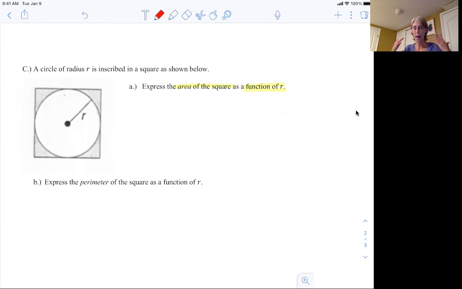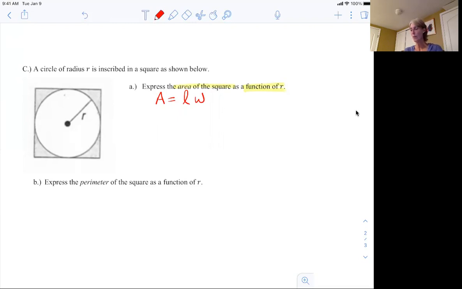Write down that basic formula however you want. Whenever I have a square or a rectangle, I go to length times width. You could use side squared, but that sometimes confuses me, so I usually resort to length times width.